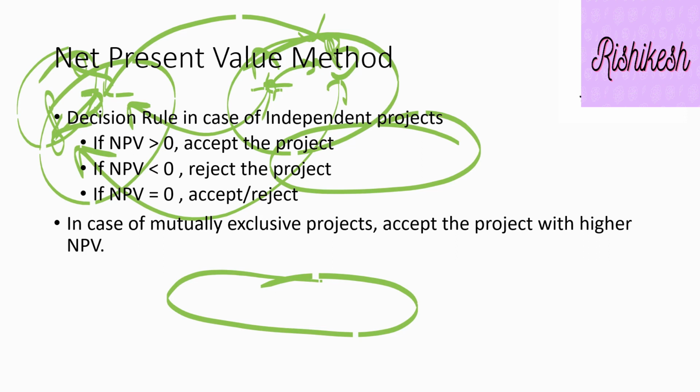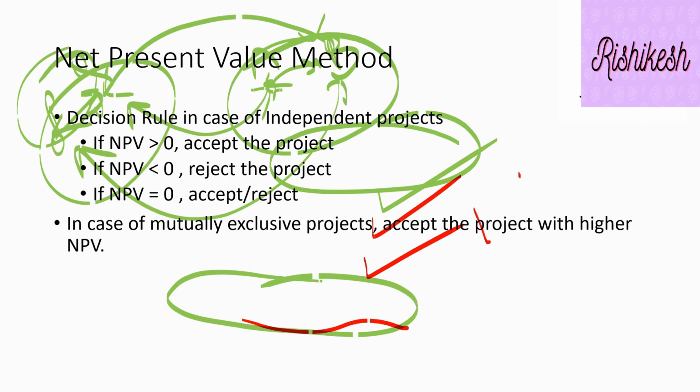So in case of independent projects, if NPV is greater than 0, accept that project. If NPV is equal to 0, then you are in a dilemma, so you have to use some other factors also to decide whether to accept or to reject the project. And if NPV is less than 0, reject the project. Now in case of mutually exclusive projects, you calculate the NPV of all the projects and accept the project which has a higher NPV.